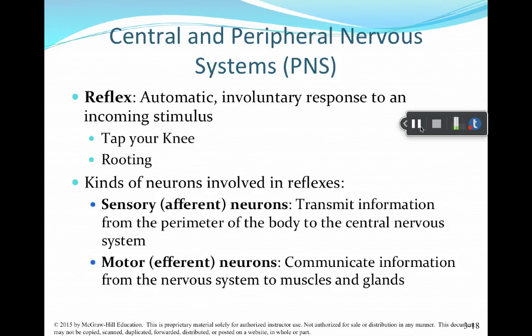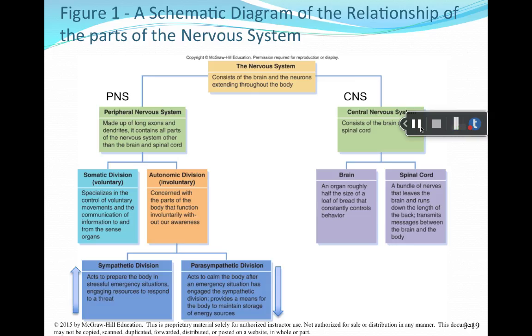So, you're cooking soup on the stove, you touch it, it's hot. Those sensory neurons are going to send a message through the spine to the brain, saying she's touching something hot. The motor neurons are then going to communicate with the muscles in my body to remove my hand from the hot stove.